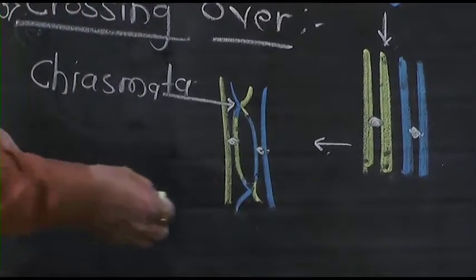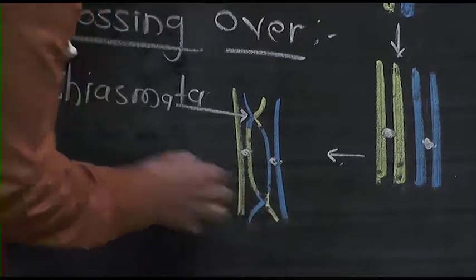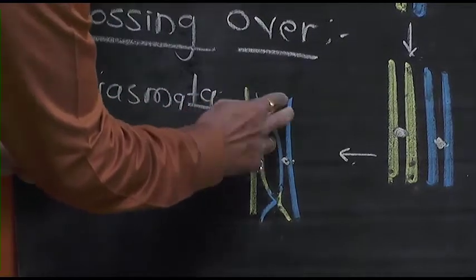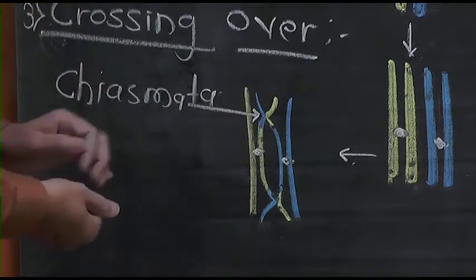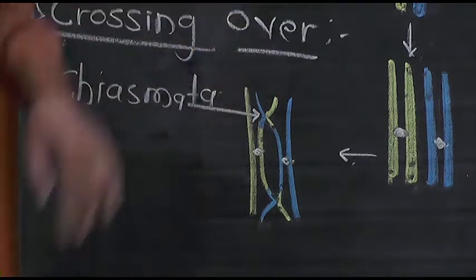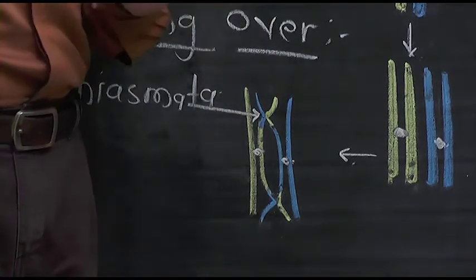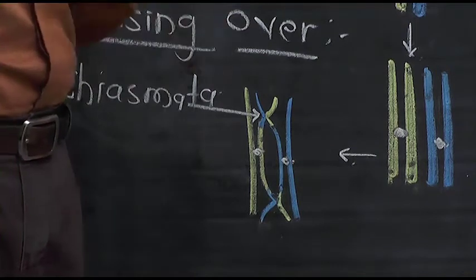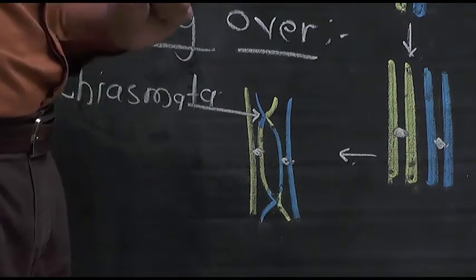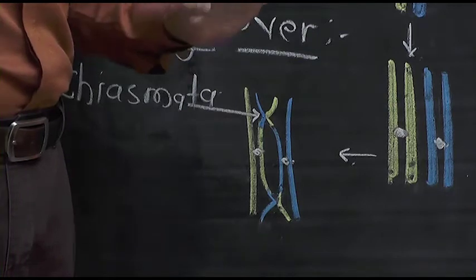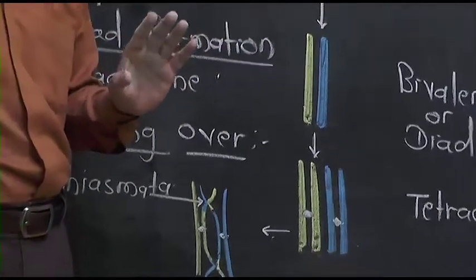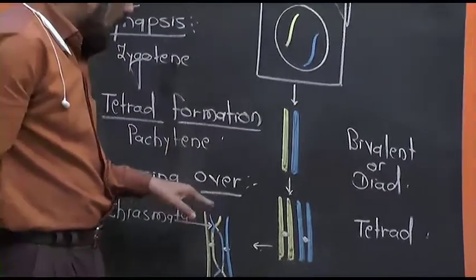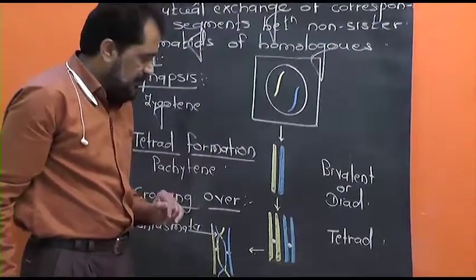So actually here it occurs the exchange of corresponding segments between the non-sister chromatids. Now this exchange is so precise, so perfect, that there is no loss of even a single gene of any of the chromatids.